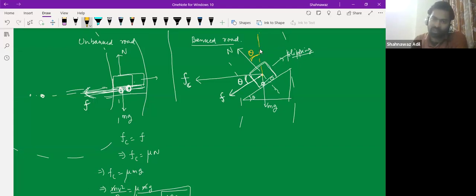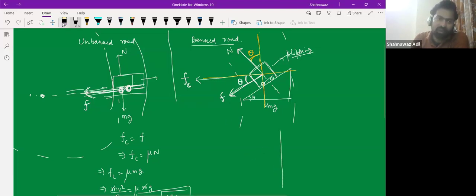We have this axis and two vectors, and these are at some angles, so we have to decompose these vectors. Is this part clear, guys? Yes, sir. Okay.